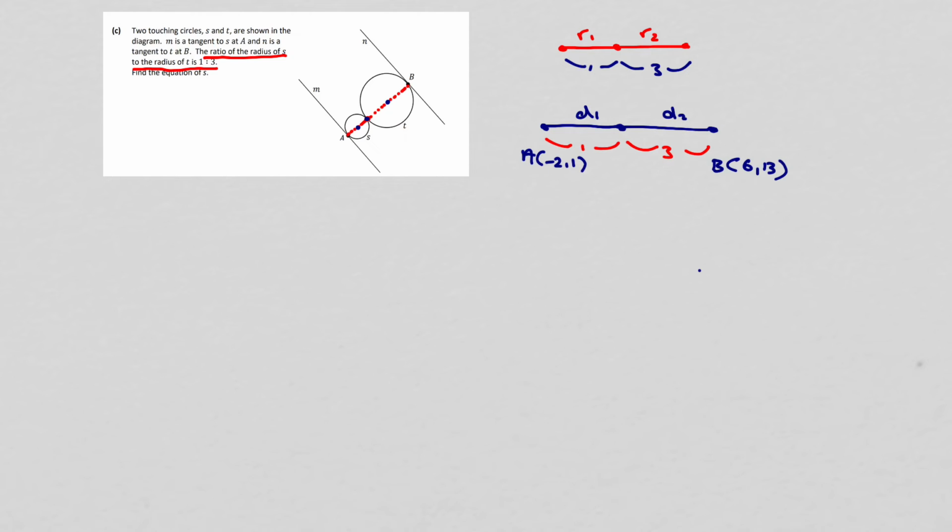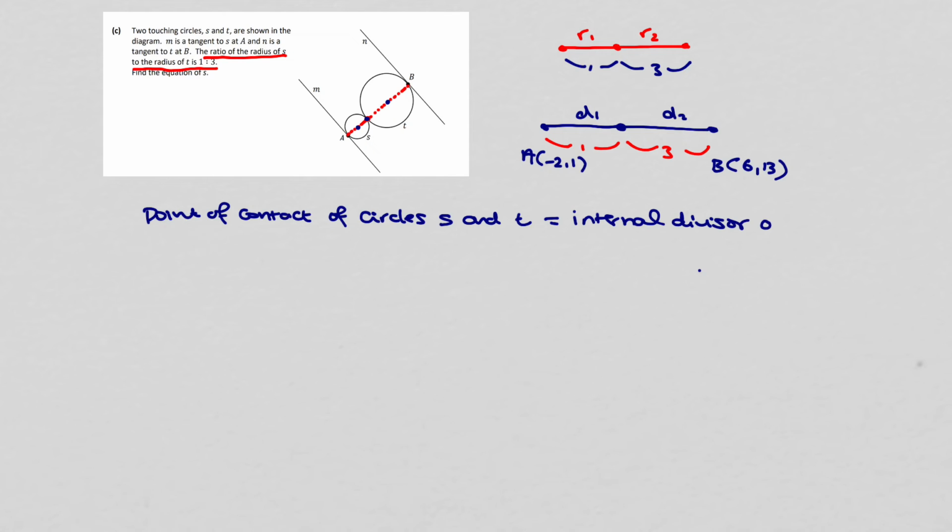So what we can see is this point of contact between the 2 circles will be the internal divisor. So in other words, the point of contact of the circles S and T is equal to the internal divisor of AB.